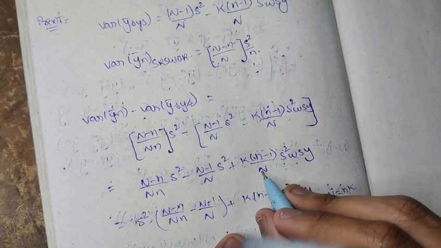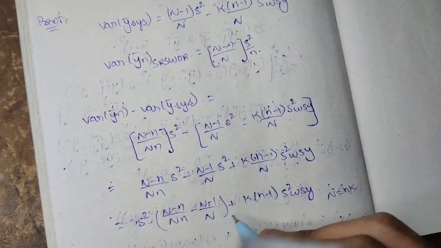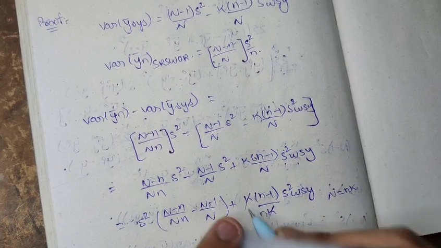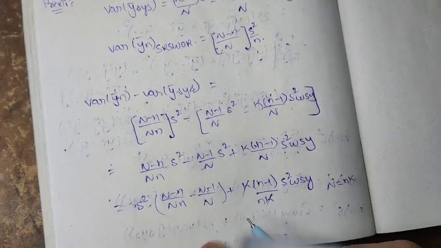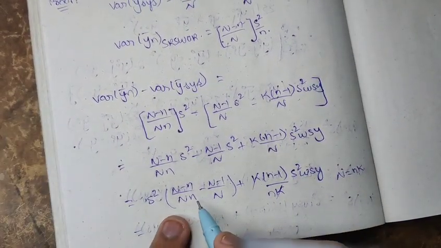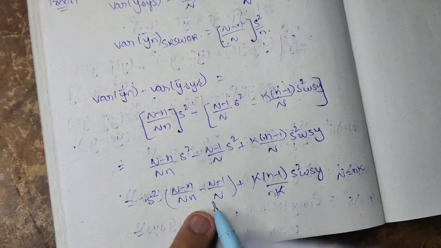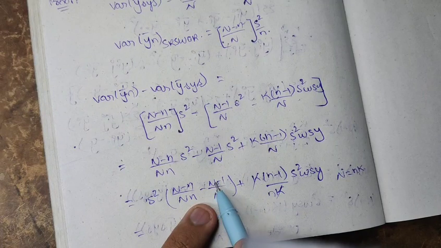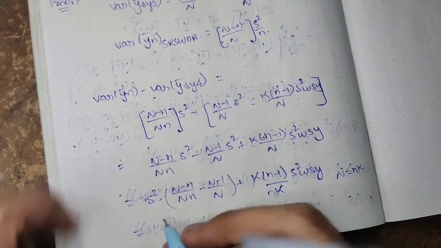So we can write this capital N in the form of small nk, basically just to cancel this k. That's why we took it like that. Now we need to solve this inside. The LCM would be: we need to multiply small n in both the numerator and the denominator in the second term. That's all we need to do.